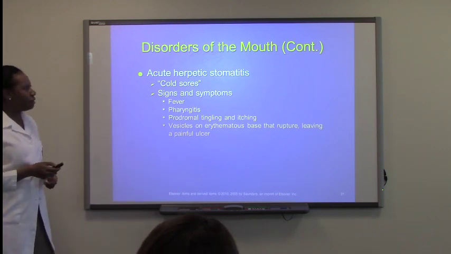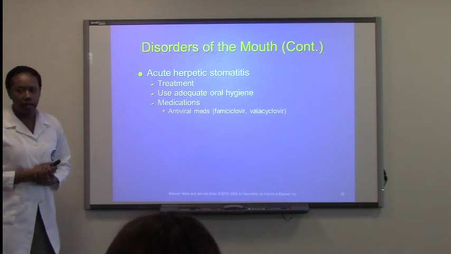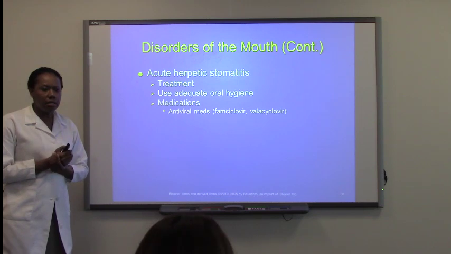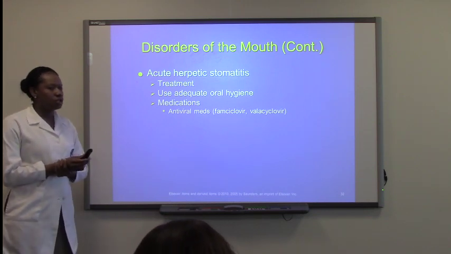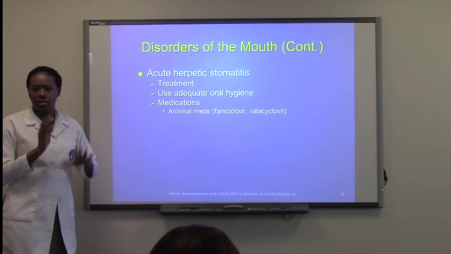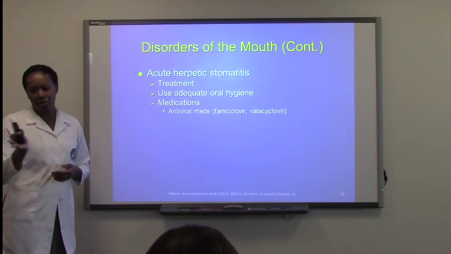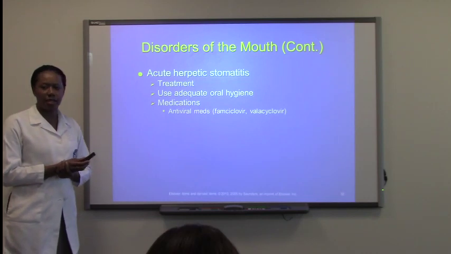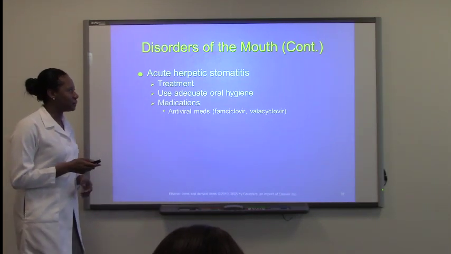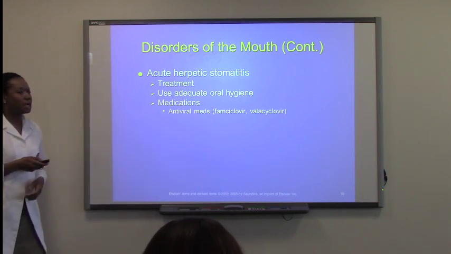Treatment is to keep the area nice and clean, and they do have antiviral medications for this, like Valtrex. You remember all those commercials they used to have? Once a day, skipping on the beach. So they do have medications to take care of that.